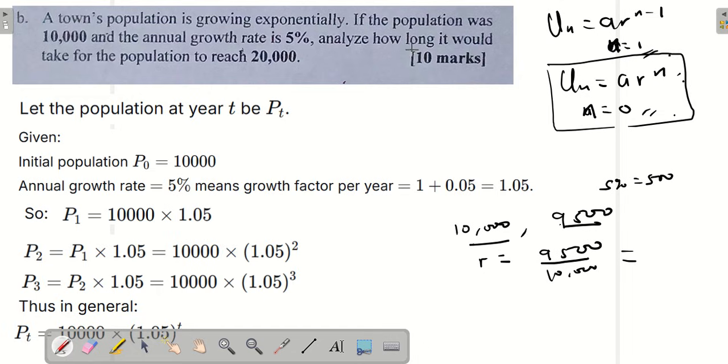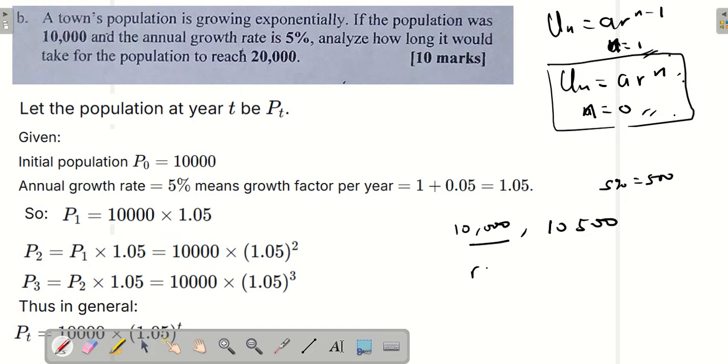Oh sorry, I made a mistake. Remember the question is talking about a population of 10,000 and an annual rate of 5%. So the population was increasing. Since it was increasing, let's rather add the 10,000 to the 500. So let's do that. It's going to be 10,500.